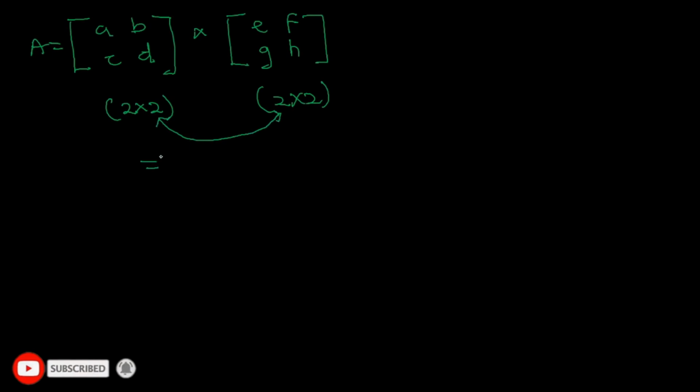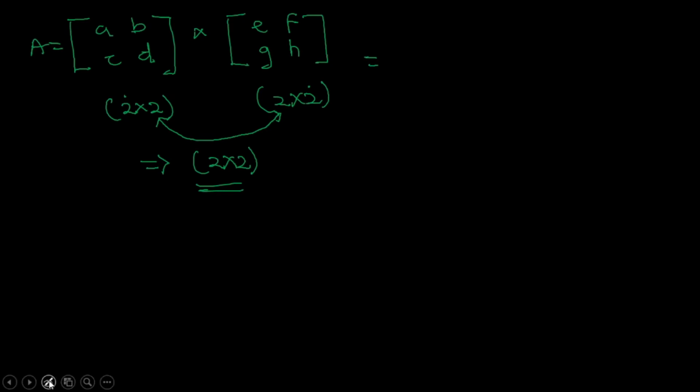So we are expecting a 2 by 2 matrix as the final matrix at the end of our multiplication. Let's have a look at how we multiply. What we do first is take the first row and use it to multiply the first column.